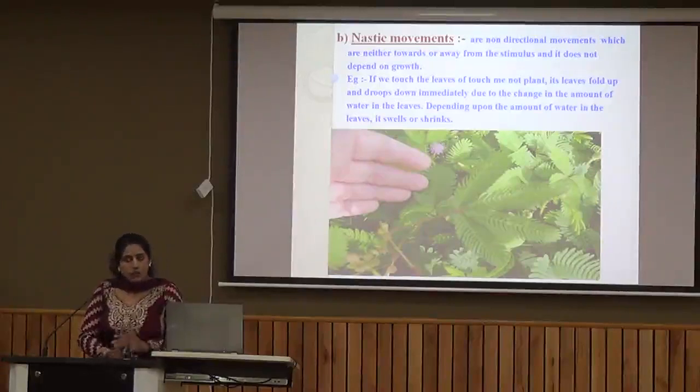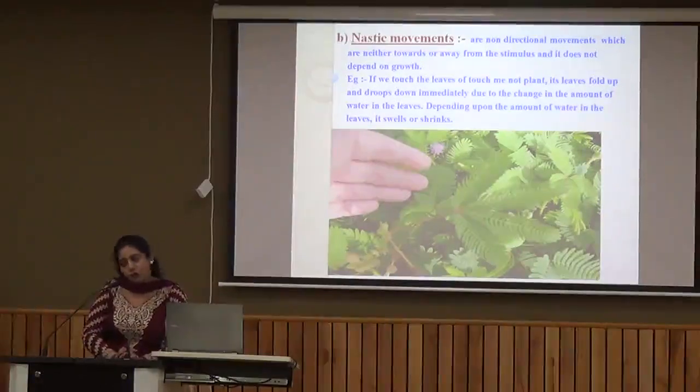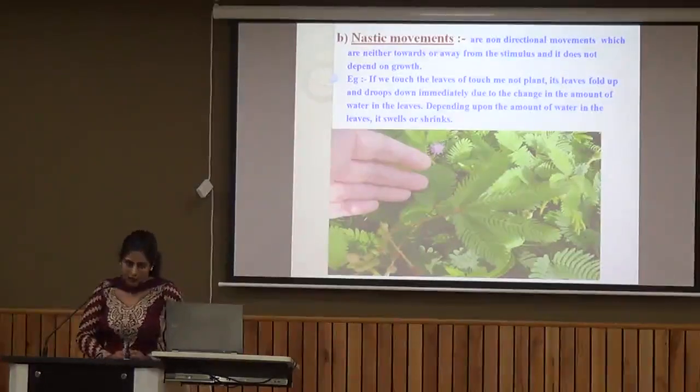The very basic example is the mimosa plant. Another name is touch-me-not, and in Hindi we say chui mui. If we touch the leaf of the plant, you'll see that it folds. It droops down immediately. Due to the change in the level of water, the amount of water leaves the surface, and that's why it swells or shrinks.